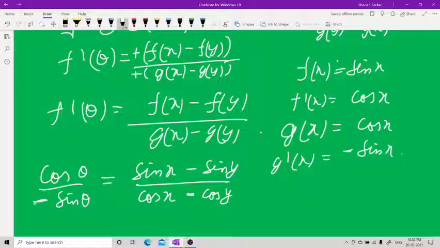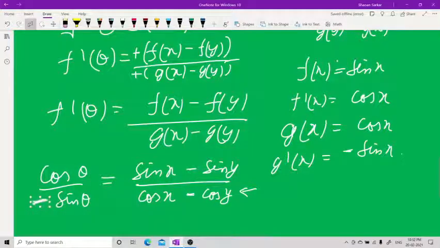Now this minus: either you multiply this minus here in the denominator, or you take a minus common out of the denominator and cancel it with this minus.